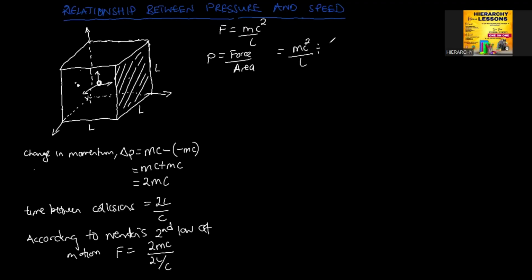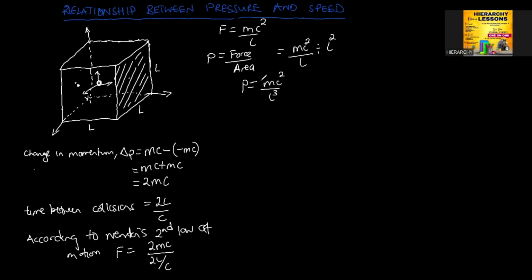It's a square, so the area is L squared. So the pressure becomes mc squared over L cubed.